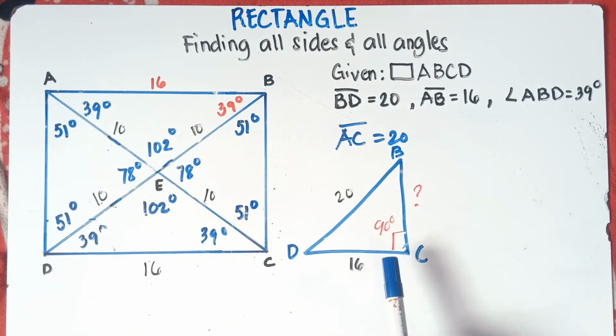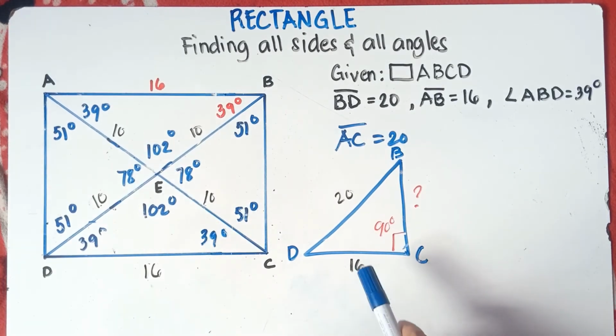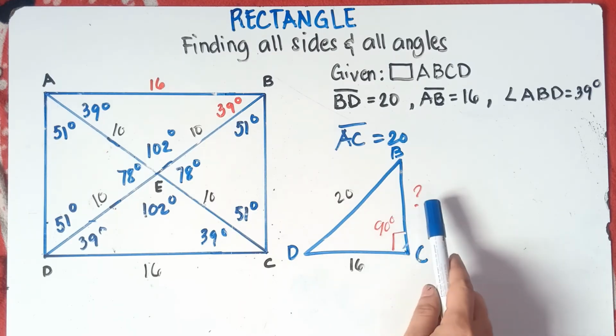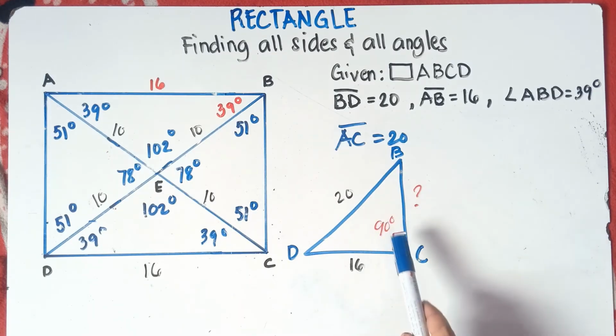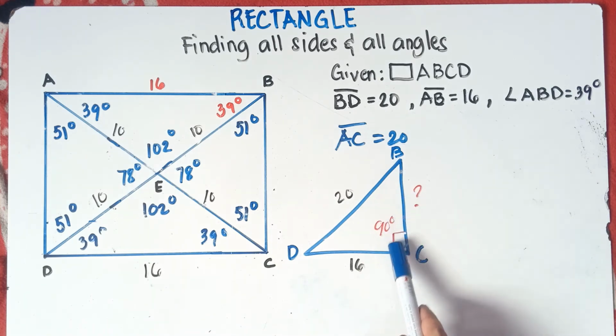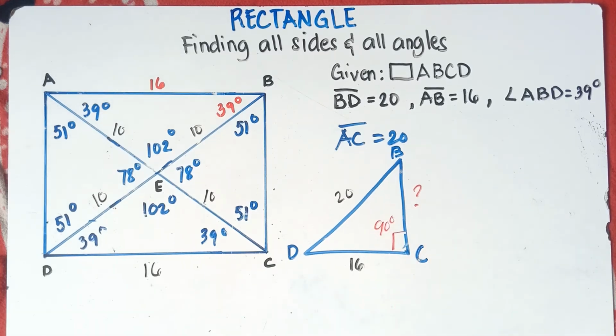Once again, class, if you have a 90 degrees triangle, this is what we call a right triangle. You can always use the Pythagorean theorem in finding the sides if you have a 90 degrees angle. So to find this side right here, we can use the Pythagorean theorem.